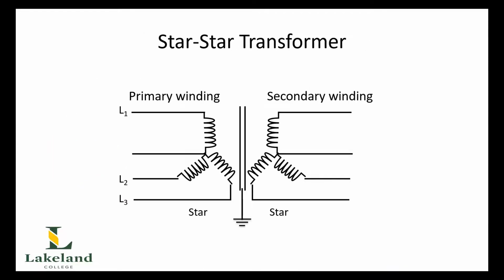So here is an arrangement of a star-star transformer. And all that simply means is that the primary windings are arranged in the star connection, as are the secondary windings. And you'll notice again that the star point, which is the center of our three windings, is common to our neutral conductor, which is this one here that's unlabeled, and it's also common to our ground conductor, because that star point would also be staked down to ground, as is the transformer core.